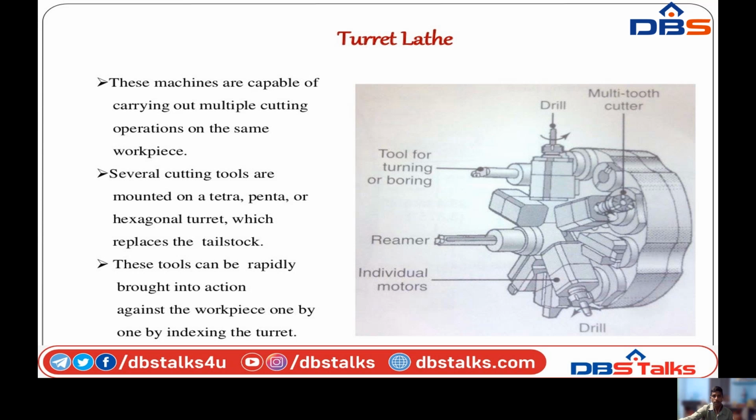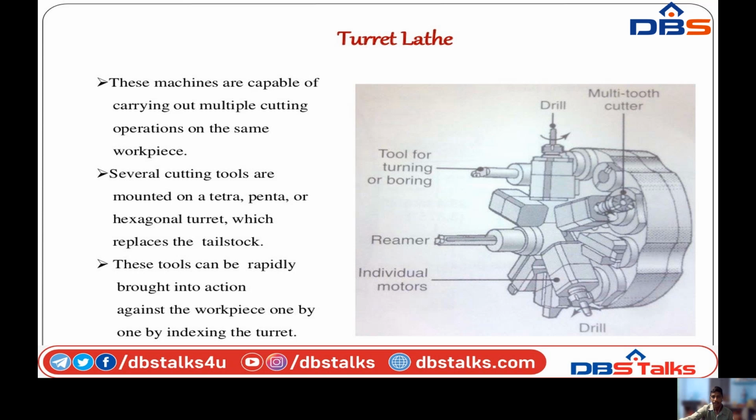These lathe machines are capable of carrying out multiple cutting operations. In the previous slide, I discussed multiple operations like drilling, reaming, boring, etc. Here is the picture for multiple operations, the machining center.